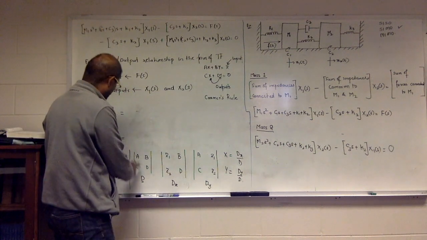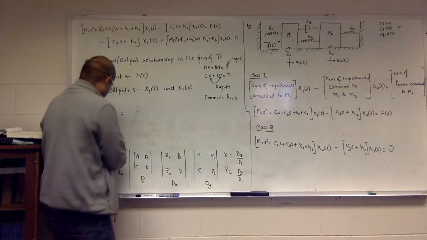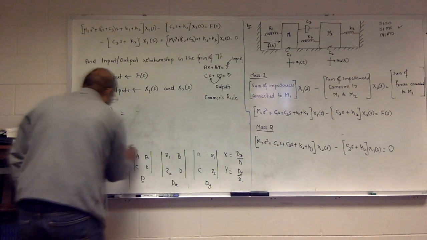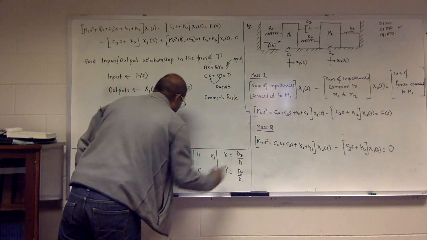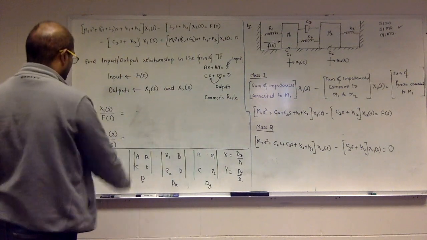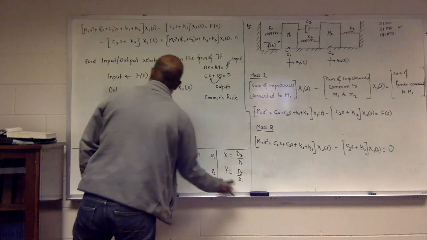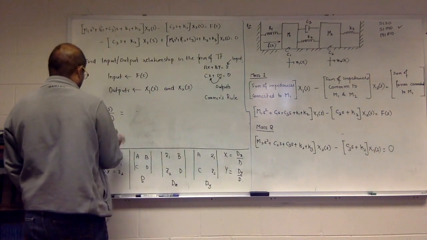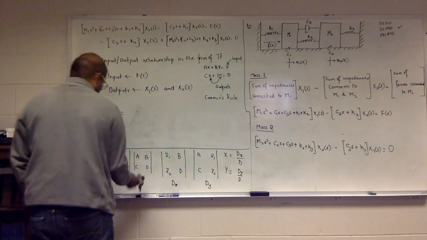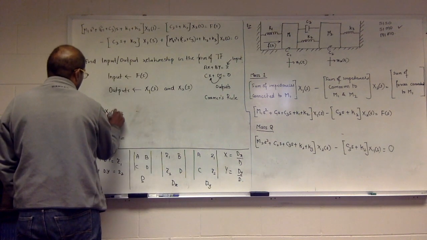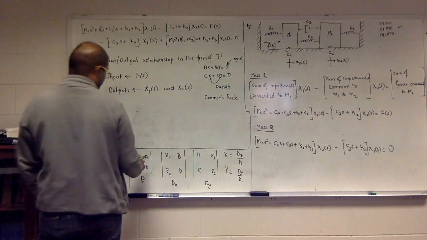Just remember this. You have to look at this method by yourself as well. If I apply this, I'm just going to write this as X1 of s, which is solving for x.